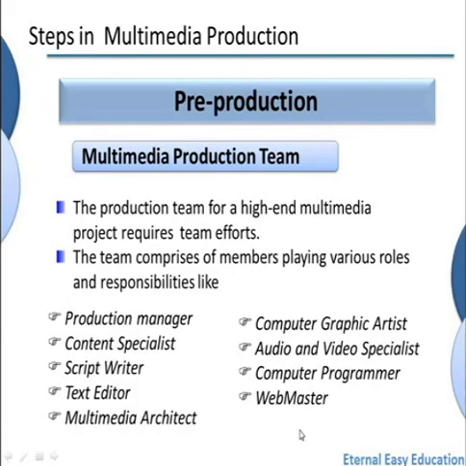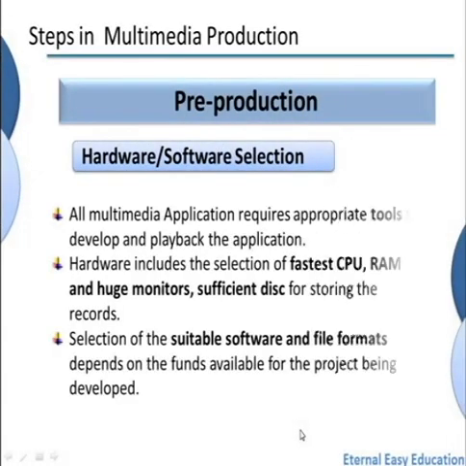Now here we'll continue with the steps. Then hardware, software selection. Probably this is very important nowadays because multimedia is mainly computer related or interactive things. So we must be very clear with the hardware and software selection. Our multimedia application requires appropriate tools to develop and play back the application.